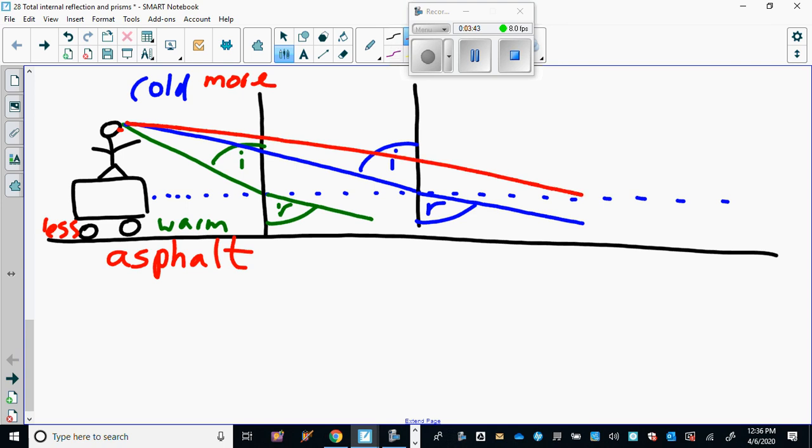At some point, the angle of refraction is going to refract so much that it's actually going to be parallel to this invisible line that I've got here. So it's going to actually refract at a 90-degree angle. So here's your angle of incidence. This angle of refraction becomes 90 degrees.